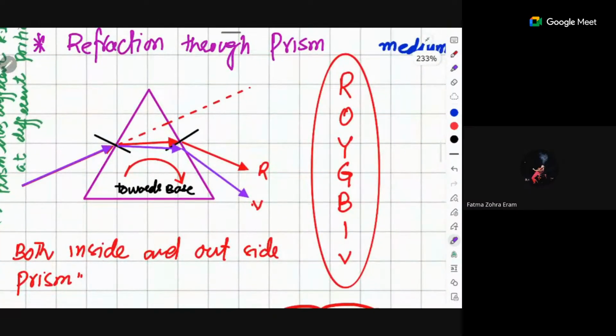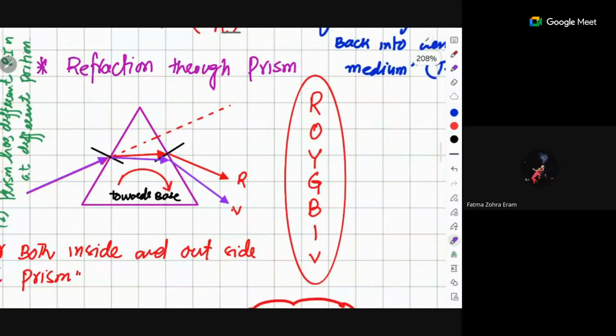I have given you a table and a sequence in front of you: ROYGBIV. This is the complete sequence of all the light components, in which red has the least bending.